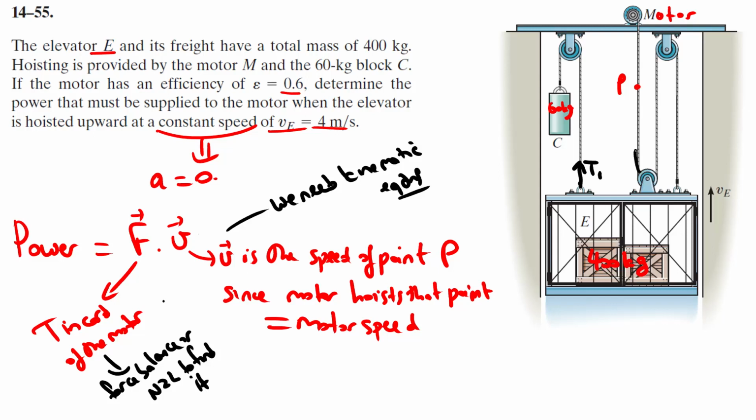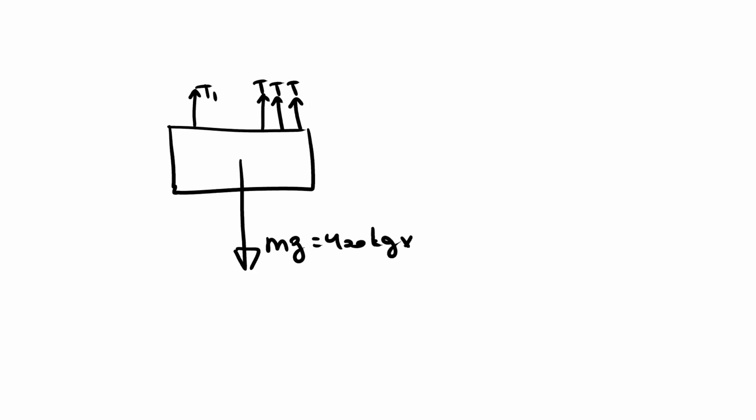There is another one here, the same rope T, and then same rope T. So we have T1, and then we have T, T, and T. So we have 3 T's, and then we also have the mg, which is 400 kg times 9.81. And the acceleration is 0, as I told, the velocity is constant.